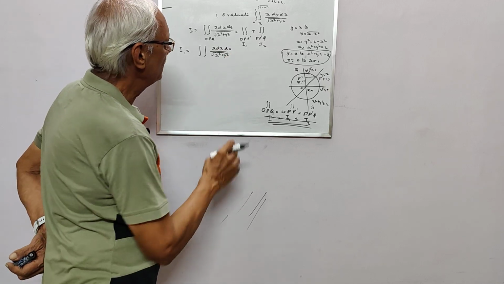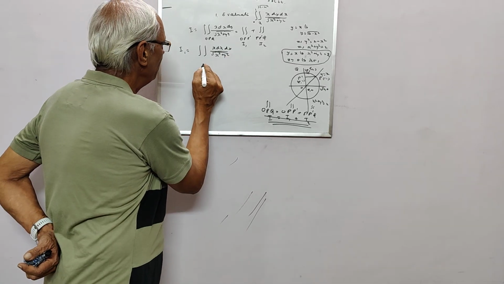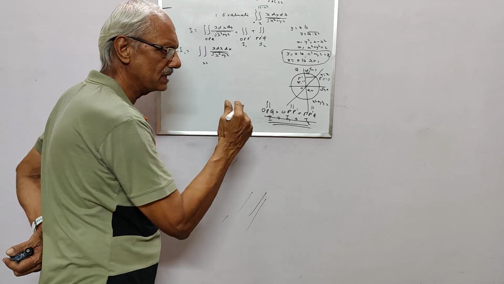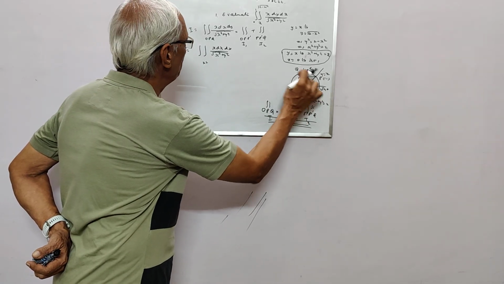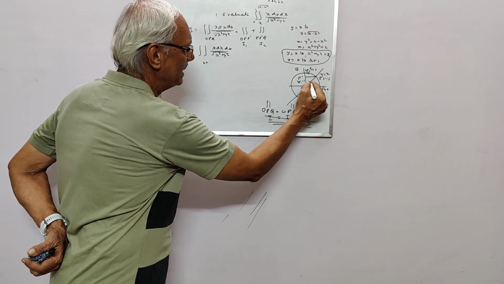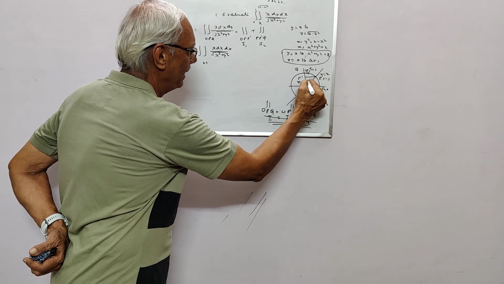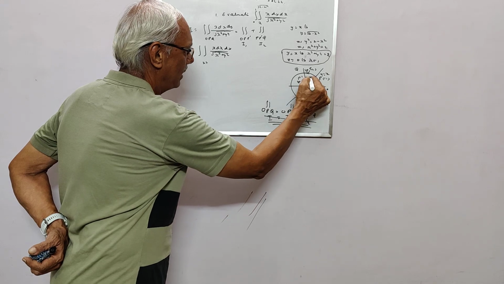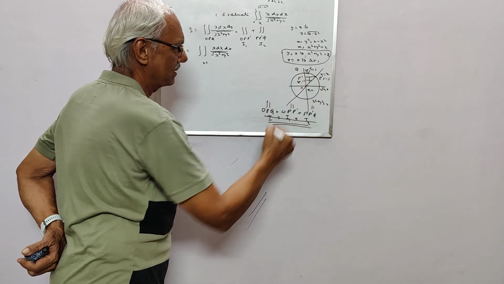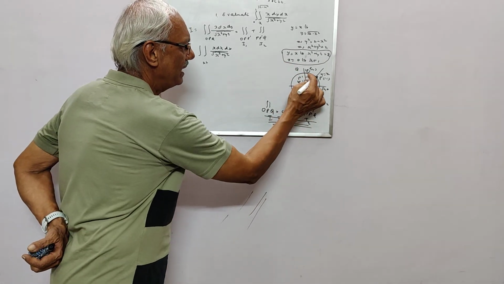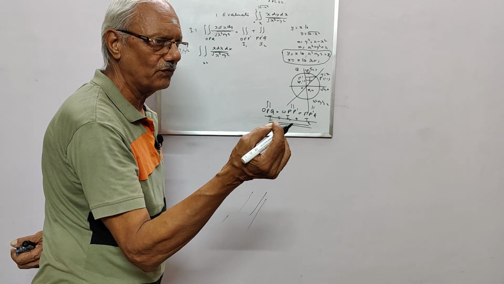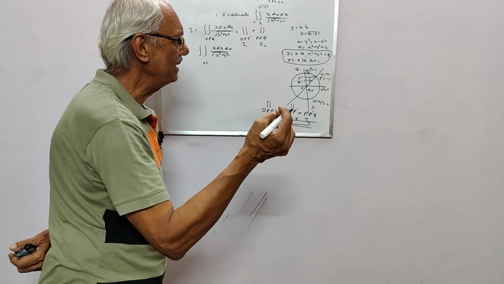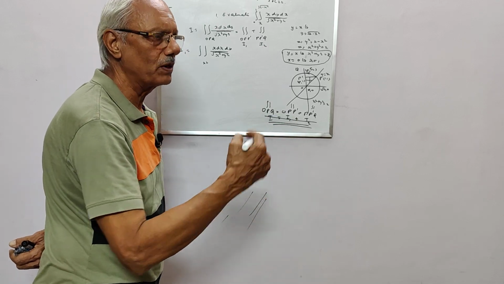Now, here you see that you have to fix up the limit, first with respect to x and then with respect to y. Now come to this OPP dash. You draw a line horizontal to the x-axis, and a line horizontal to the y-axis, so that when they intersect at a point, that is the smallest element of area that you get, and it has to be extended over the domain by integration.